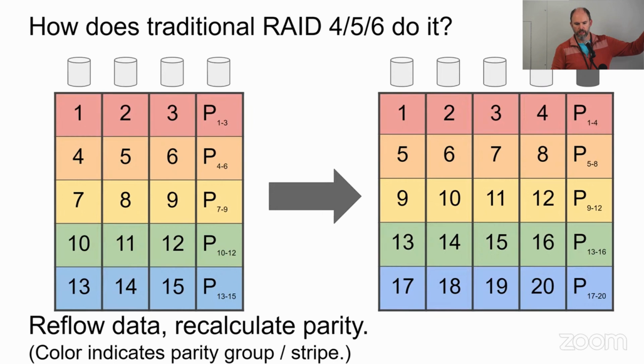In this case, sector 4 got moved to the previous row, the first row there, and then we have to recalculate the parity because now we need the parity of sectors 1, 2, 3, 4, versus before we just had the parity of sectors 1, 2, 3. Relatively straightforward. Obviously, you have to recalculate the parity, which has some cost, but you have to read all the old data and write it all again to different locations.